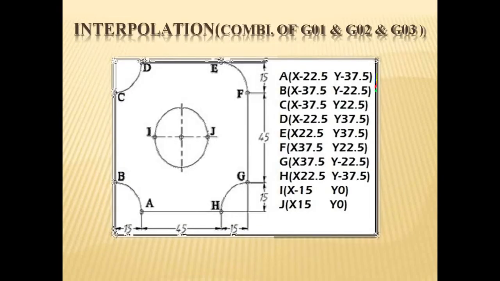In the combination of interpolation G01, G02, G03, if you look at the figure, from A to B is one arc, B to C is linear, and C to D is a curve again. This is how the interpolation happens.